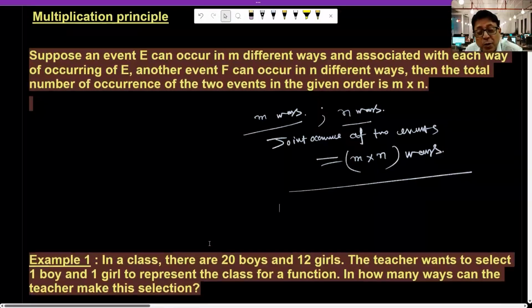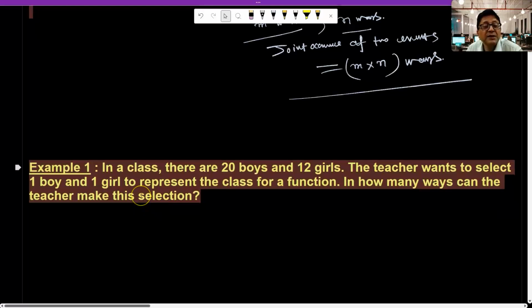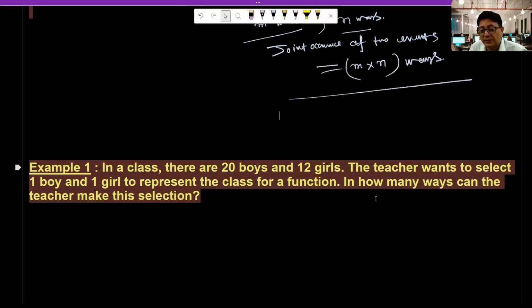Suppose in one of the problems, it is asked: assume in your class 20 boys and 12 girls are there. The teacher wants to select one boy and a girl to represent the class for a function. But only one boy and only one girl.